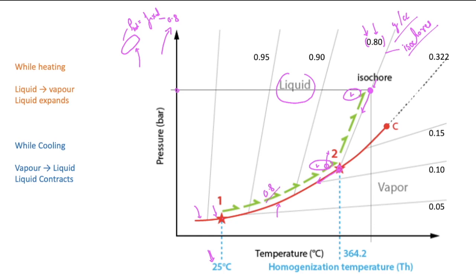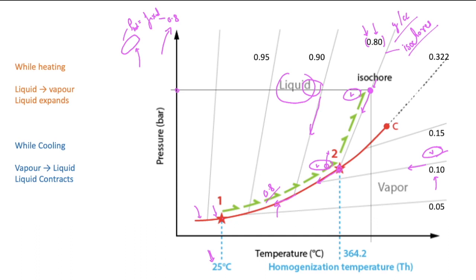If it was 0.9, it would have followed this isocore, hit the curve here and then moved in this direction, and the density throughout would be 0.9. Let's say it was completely in the vapor field, meaning the inclusion was completely vapor, and you start cooling it, it will follow this isocore. Now if it is complete vapor, the density is very low, as you can see, 0.1, 0.05, 0.15.